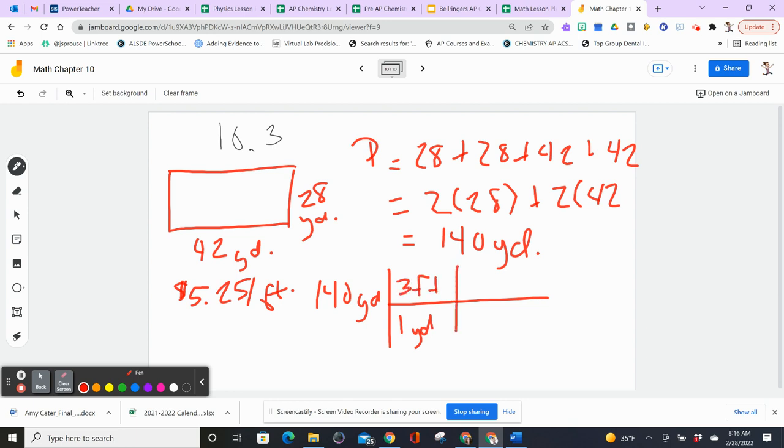And then I'm going to put in my price: 1 foot costs $5.25. So now everything cancels out except the cost, which is what I wanted. And then I'm just going to multiply those things together: 140 times 3 times 5.25.